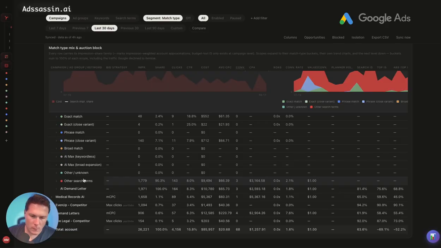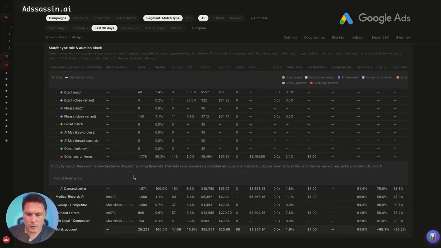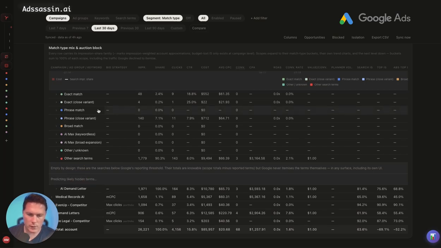So basically, what if you could predict what those other search terms are and either exclude them or find those potential winning keywords? So if you go here and click predict likely hidden terms, it basically goes through my proprietary system to predict what those hidden terms are.